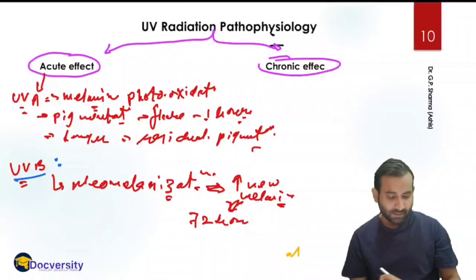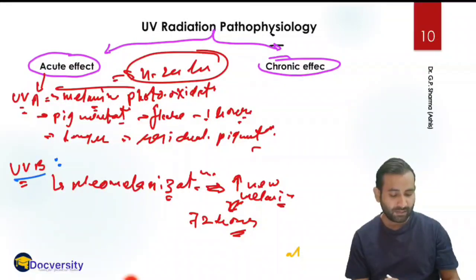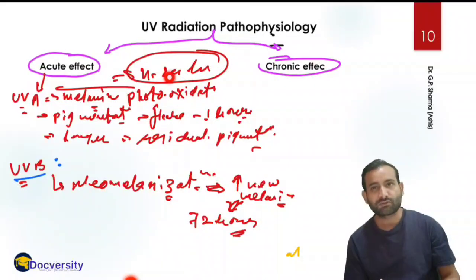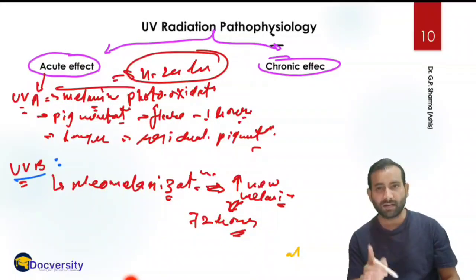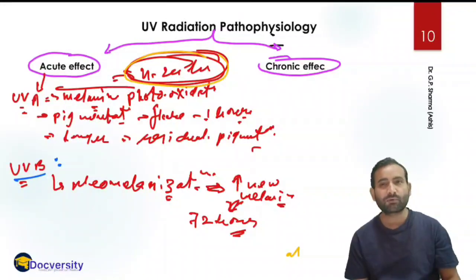Is that okay? Here UVA radiation is causing only photooxidation, so this photooxidation begins immediately or within 4 to 24 hours. So by the UVA, the melanin photooxidation begins by 4 to 24 hours. When we are exposed to the radiation for 4 to 24 hours, then the melanin photooxidation begins.